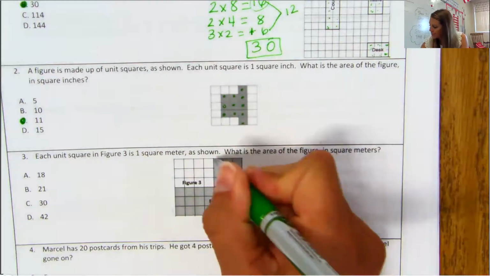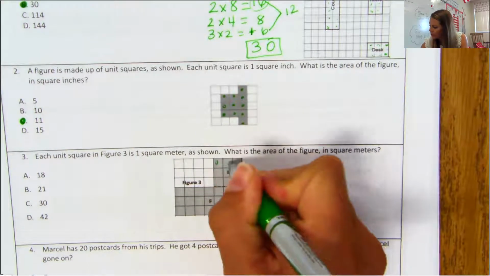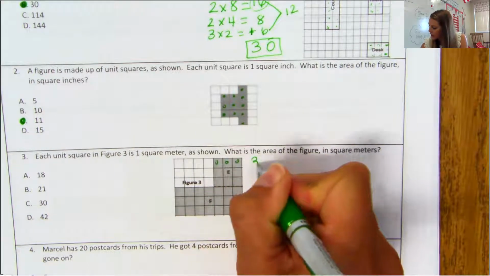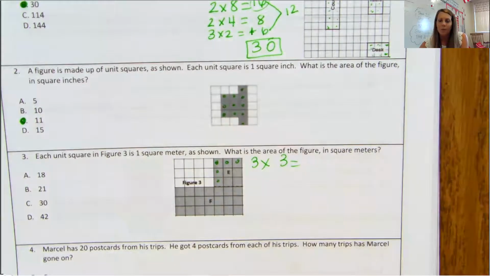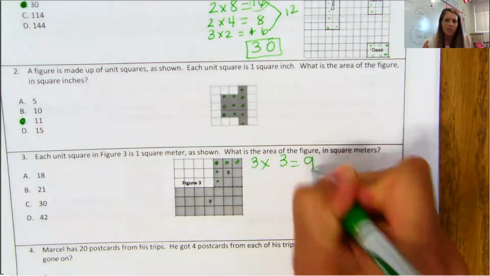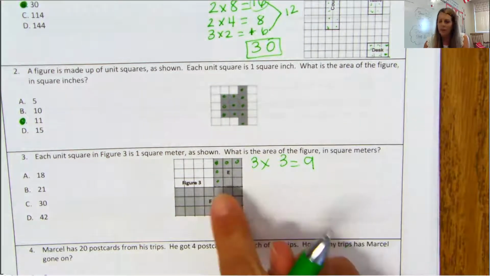So if we look at E, length times width, 1, 2, 3 times 1, 2, 3. 3 times 3 equals what? 9. So even if you counted and you didn't multiply, you should have gotten 9.